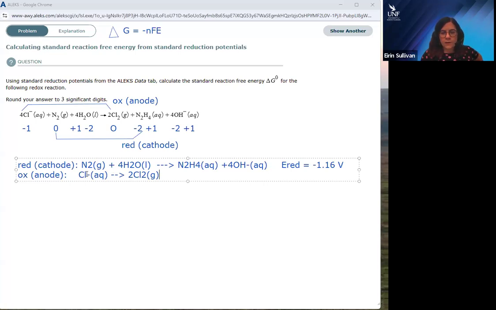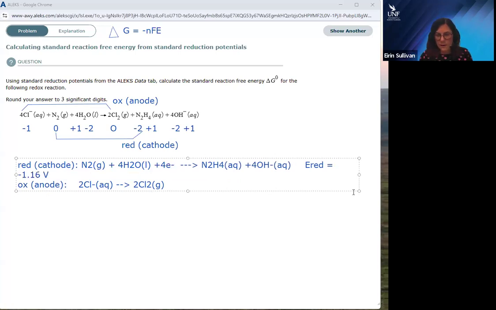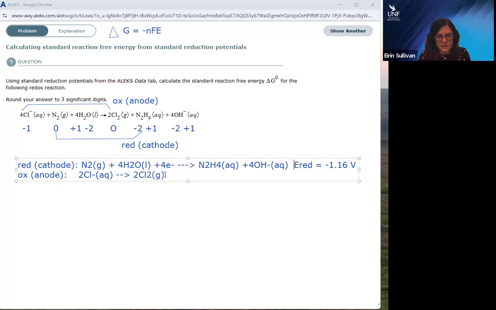So then all I have to do is balance mass and balance charge for these, because I am going to need to know for my delta G equals minus N F E cell how many electrons are being transferred, which is what that N is. If I look at this one at the top, it's going to take me 4 electrons to balance here. And on the bottom, it's just going to take me 2 electrons.